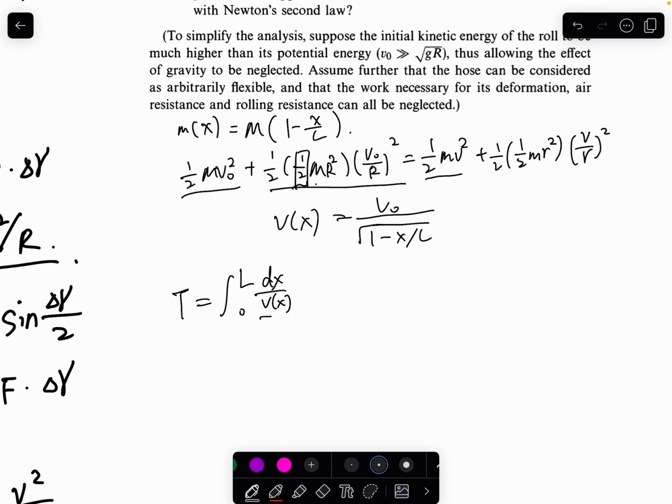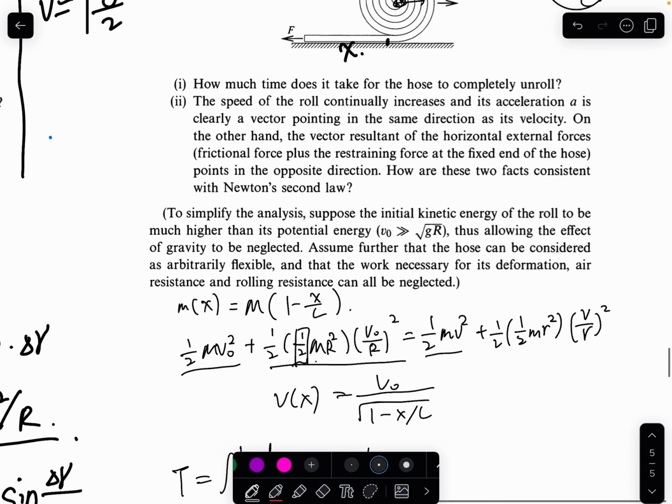You just walk by little displacement, and you can find by integration it is like this. So the time taken to unroll is obviously shorter than if the hose has unrolled with uniform velocity, right? So next we'll consider the second part of the question.